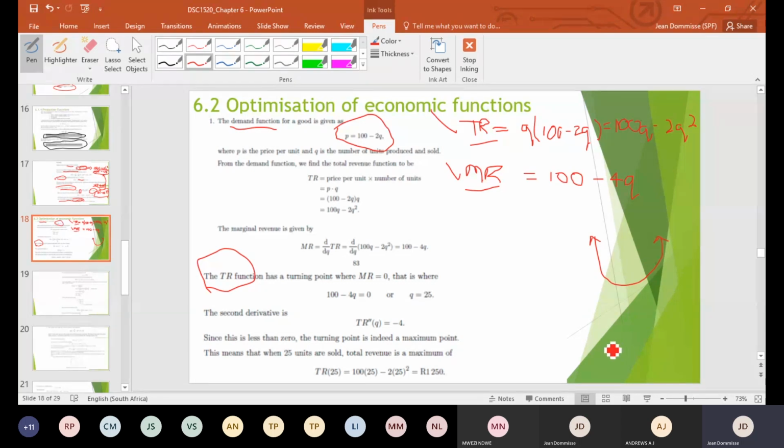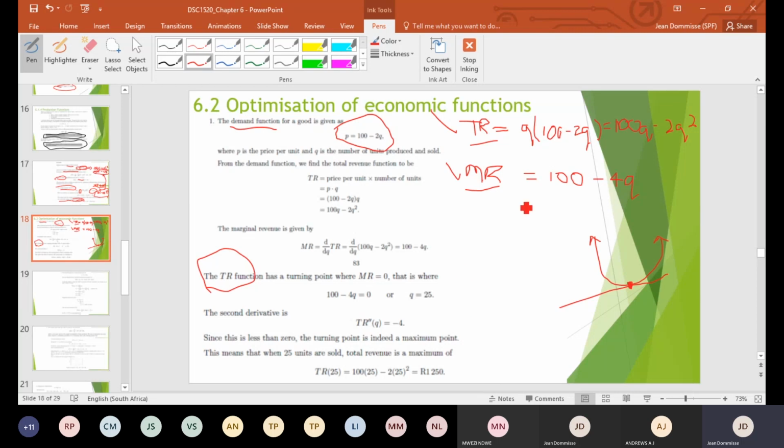Your marginal revenue is basically the line that goes through that turning point. So that is what you will use to determine that turning point. That's why we did the first derivative at the beginning of the morning. So that marginal revenue curve is going through that turning point.